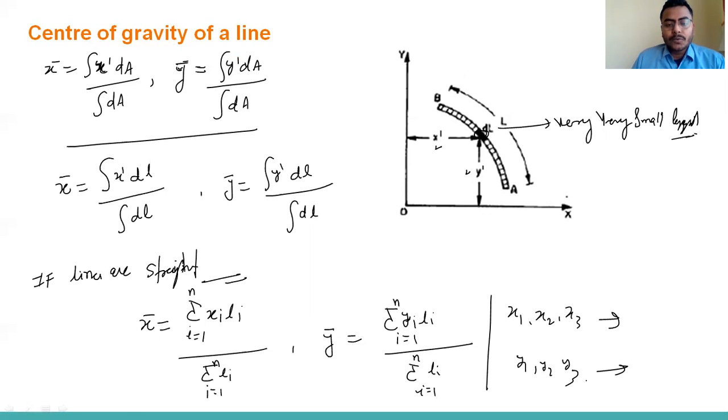Are you getting my point? When a line is combined from a number of straight lines, we divide each straight line and take x1, x2 with their lengths L1, L2, and similarly y1, y2 with their lengths.